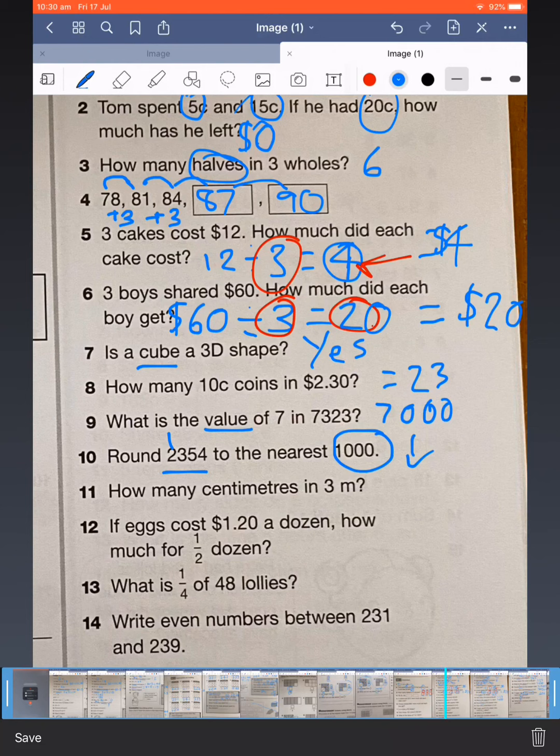On this side we've got the 2,000, and on this side we've got the 3,000. So which one? Is it going to go to 2,000 or 3,000? That's when we look at the number next to the 1,000 number, the 3. 0, 1, 2, 3, and 4 go down. 5, 6, 7, 8, 9 go up. So it's going to go down. So it's going to take us to 2,000. So the answer there is 2,000. Very good.